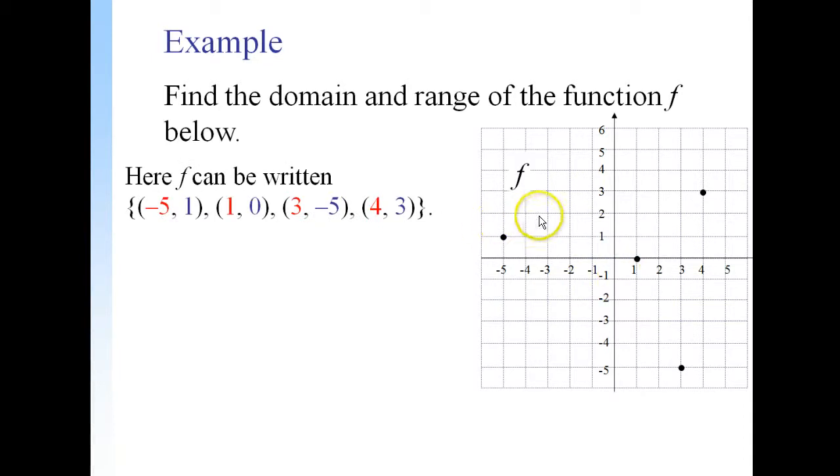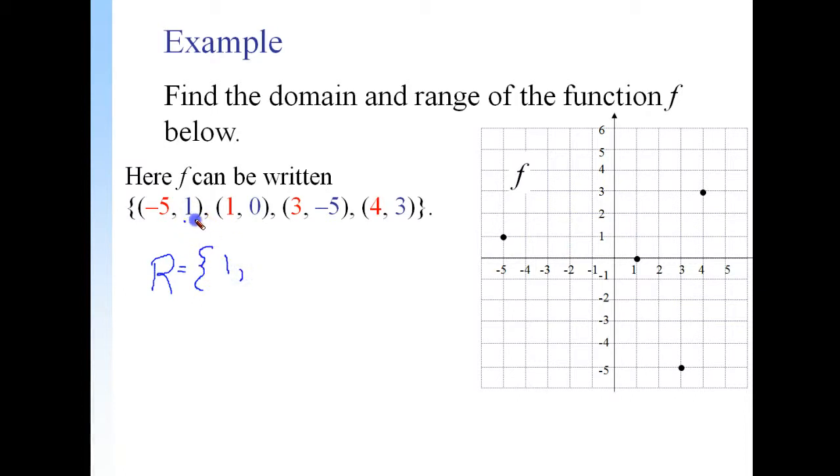Now, when you are asked to write the range of these, you would then put the letter R, and the range of this one is its Y value, which is a 1.